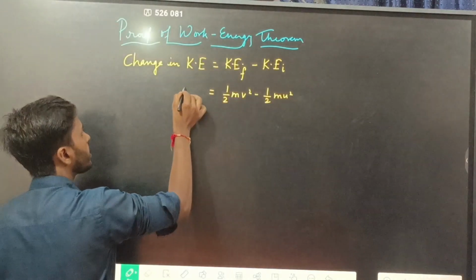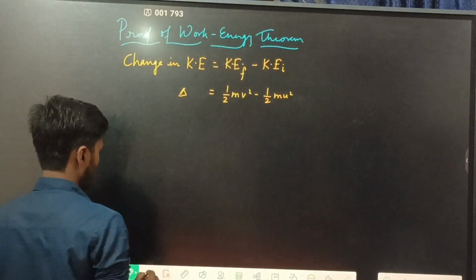And change in kinetic energy, we denote as delta KE.